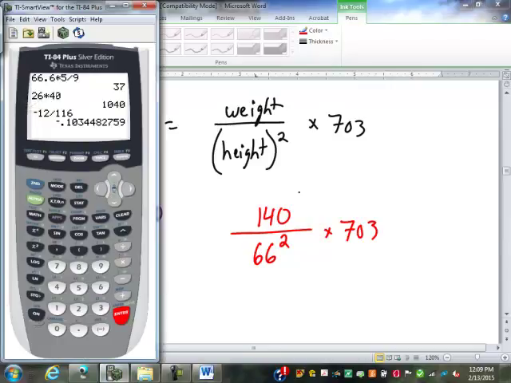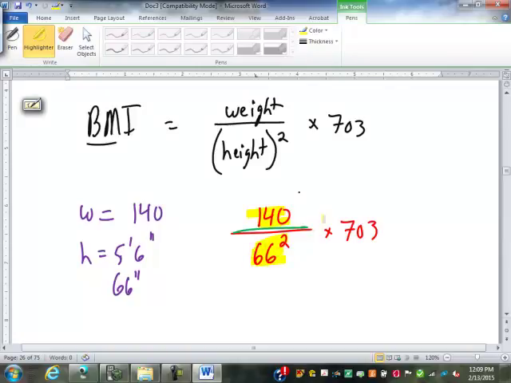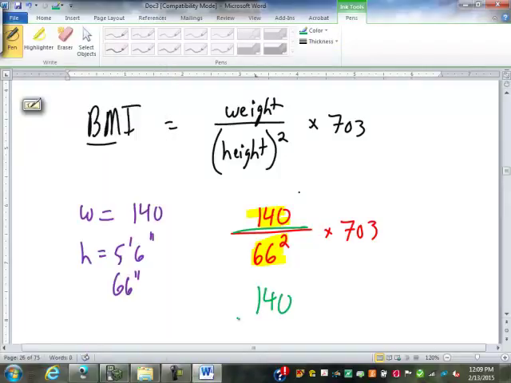If I were solving this by hand, this fraction bar, of course, tells me I have to do everything on top, there's nothing to do on top there, and then do everything on bottom. So 66 has to be squared, giving us 4356, times 703.